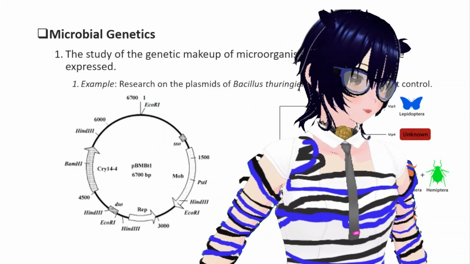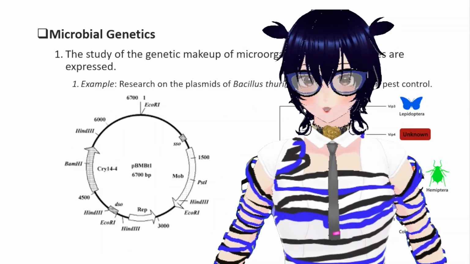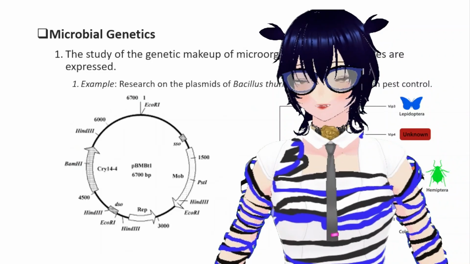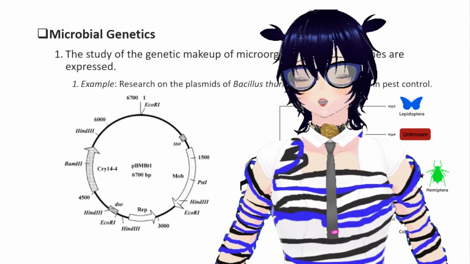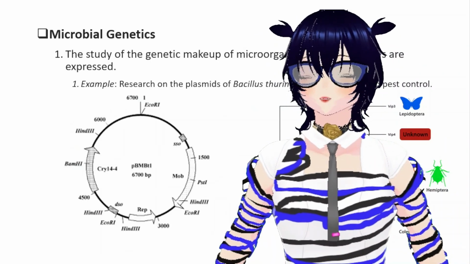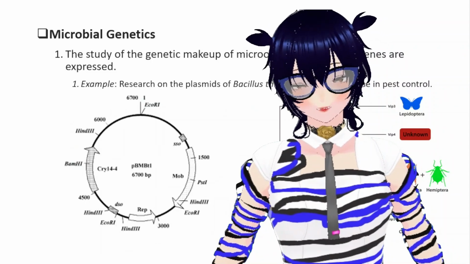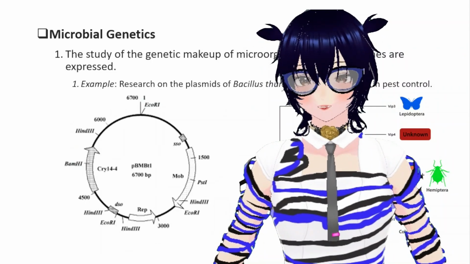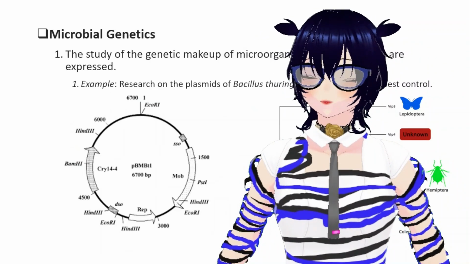So we were talking about the circular type of DNA, right? And that is the plasmids. We call them plasmids. And if we study these plasmids, they are actually the cause of the bacteria becoming resistant, or developing uncertain habits that we don't see in the bacteria when we studied them before.